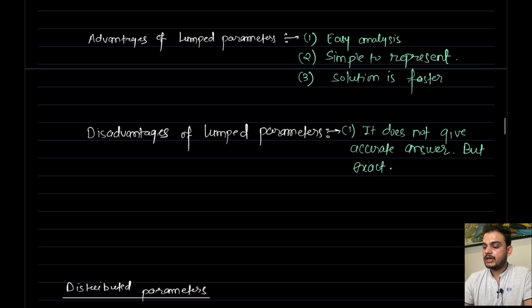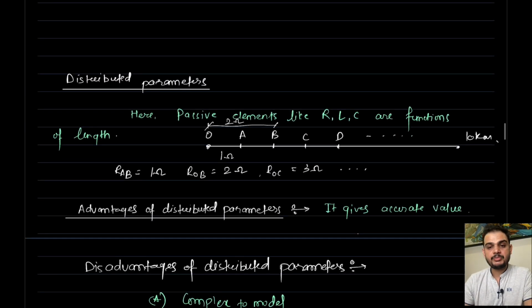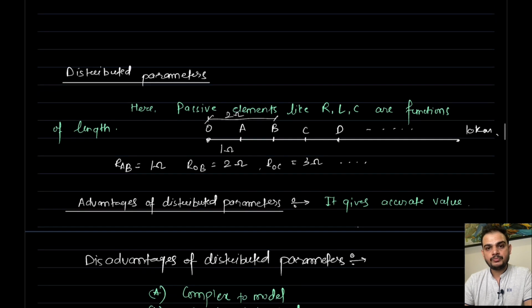But then where will we use the distributed parameter or distributed model? In the analysis of a long transmission line, because here the length of the line is more than 160 kilometers. So here we need to use distributed parameter.